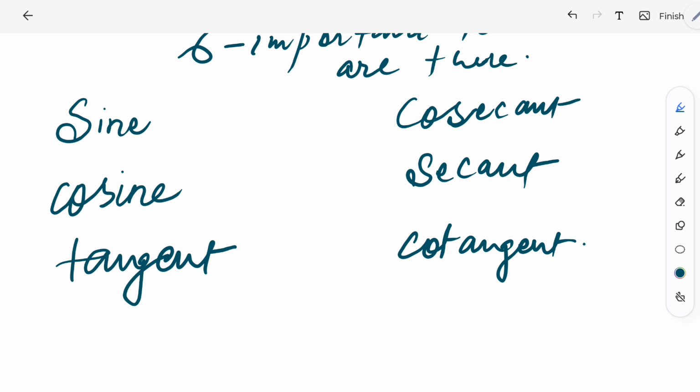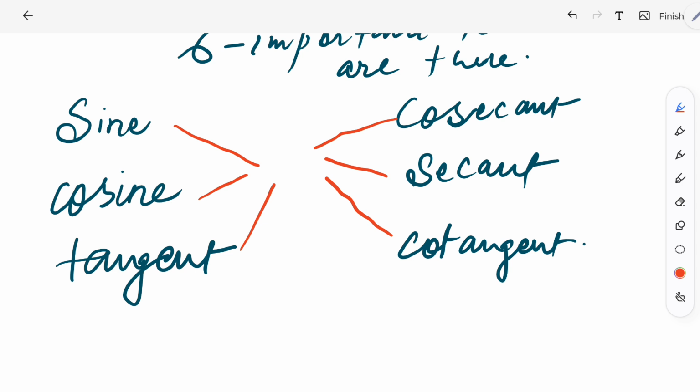What do you mean by these terms? All these six terms are taken for discussing ratios only. Now, what do you mean by ratios?